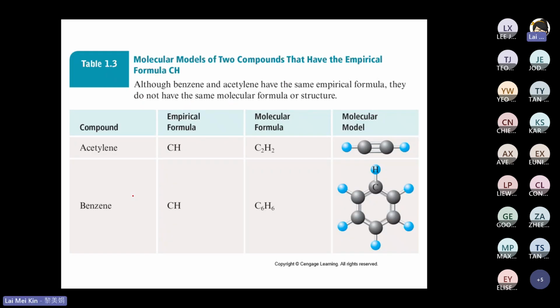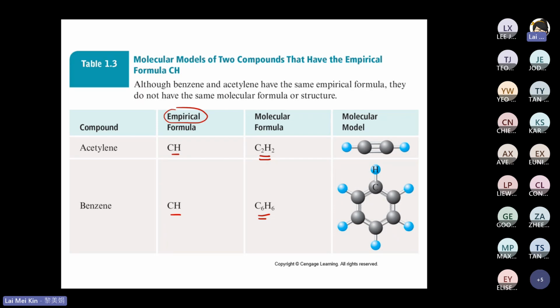So for example, I have molecular formula C2H2. I have molecular formula C6H6. Both of these are actually different compounds, different molecules. But if I write them in the form of empirical formula, they look the same. Both of these in the simple form are CH.